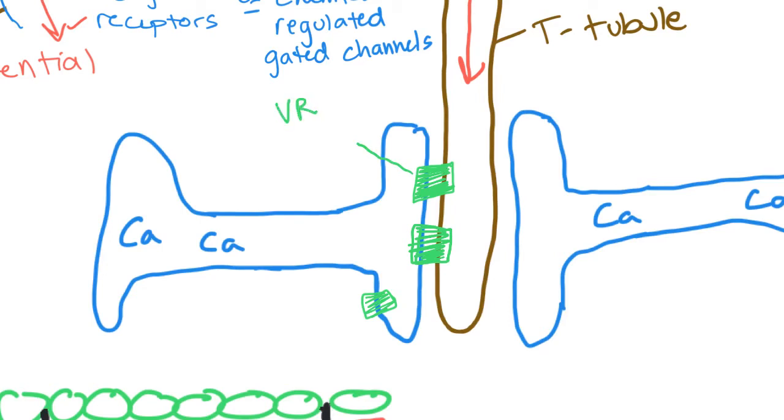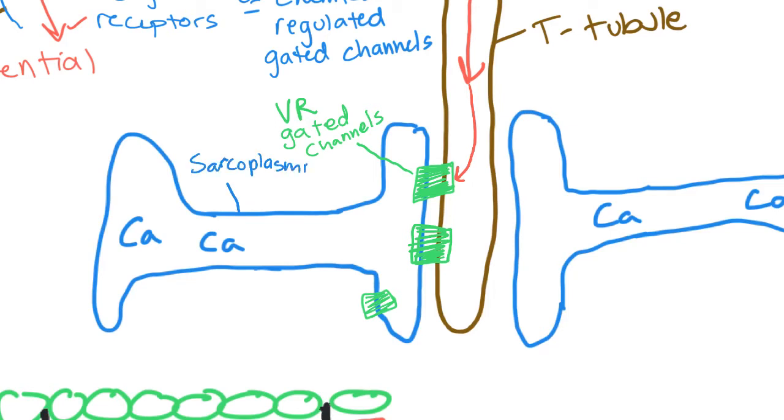Voltage regulated, we've already had this, so I'm abbreviating now. Gated channels. Which open when this signal passes from the T-tubule into the, what's this dumbbell thing?